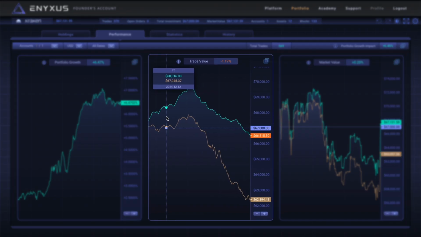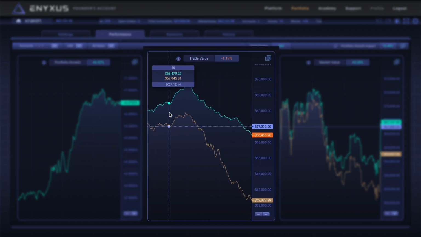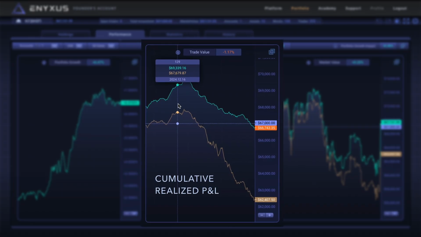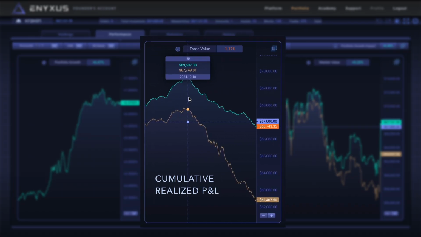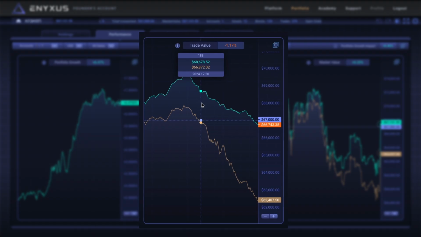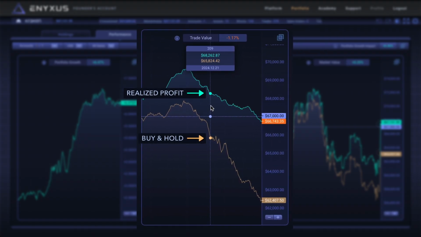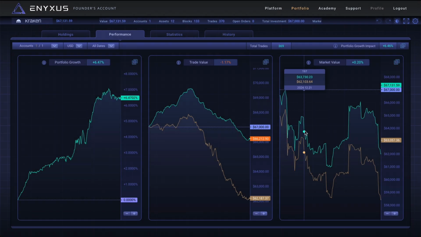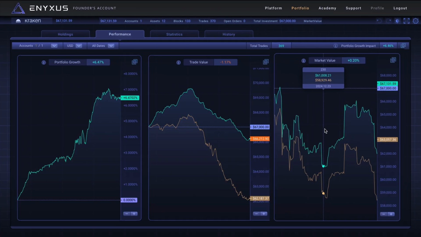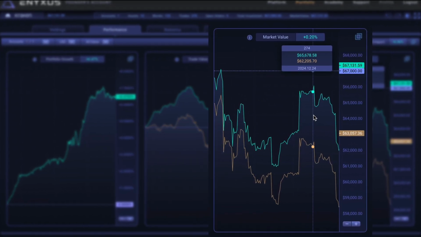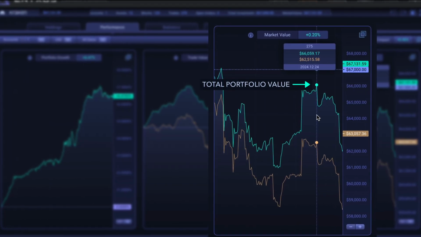This graph tracks the cumulative progression of each trade in dollar value, incrementally adding the realized profit or loss from each trade. It also compares each trade to the value of simply having bought and held the original quantities of each asset. The market value graph, on the other hand, functions a bit differently in that it calculates the total aggregated portfolio value of your entire account at the moment of each trade.